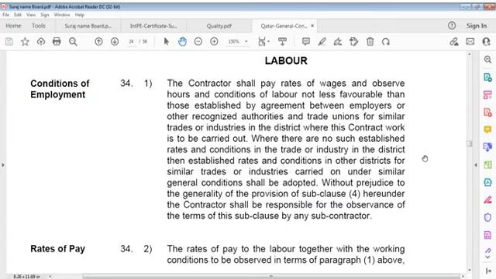Where there is no such established rates and conditions in trade or industry in the district, established rates and conditions in other districts for similar trades or industries carried on under similar general conditions shall be adopted.